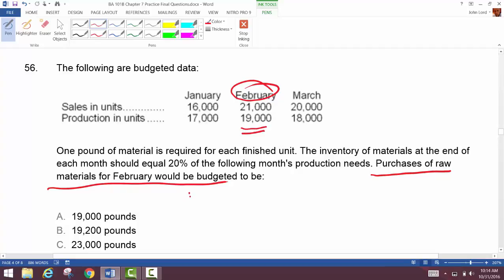Yeah. So 19,000, right? And it's 19,000 because they tell me that it takes 1 unit of raw material to produce 1 unit of product.